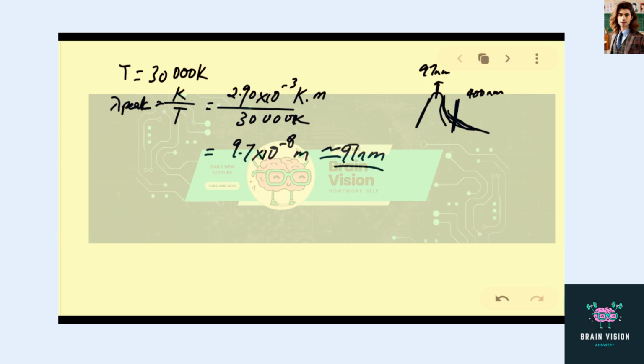Now for the next part, we want to find the radius of the star, considering that its power emitted is about 100 times that of our sun. So the actual power of the star is 100 times the power of our sun.